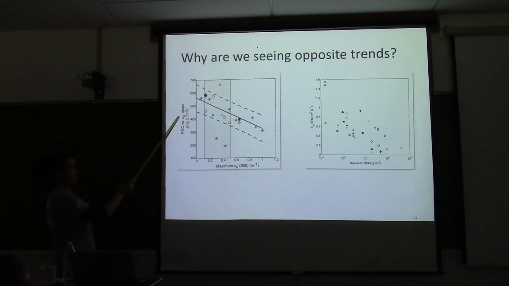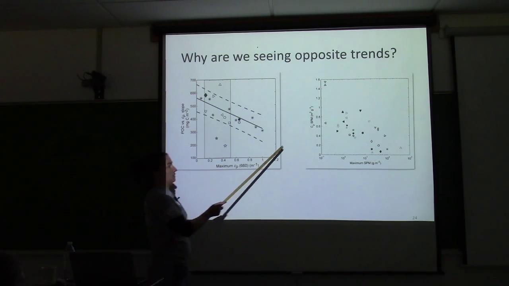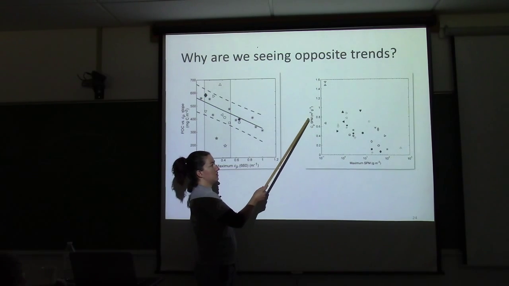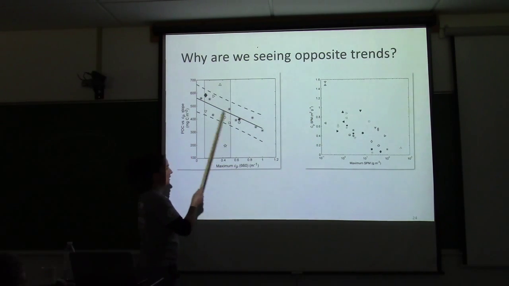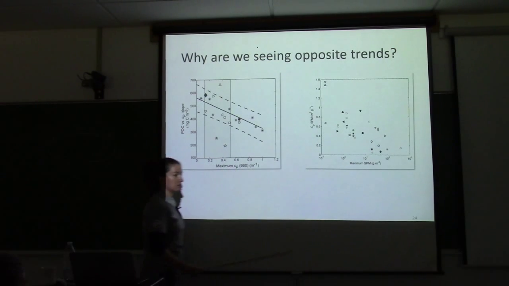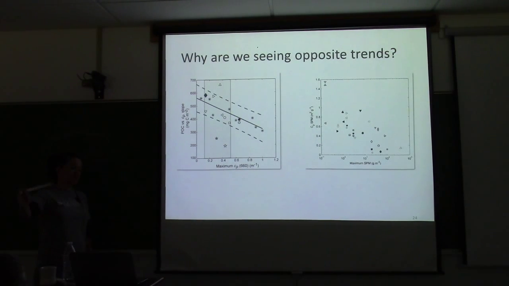I'm looking at carbon over CP, and they're looking at CP over SPM, and both of them are going this way. Do you guys know why? I'm not sure. I have theories, and I'm sure Emmanuel can help me.